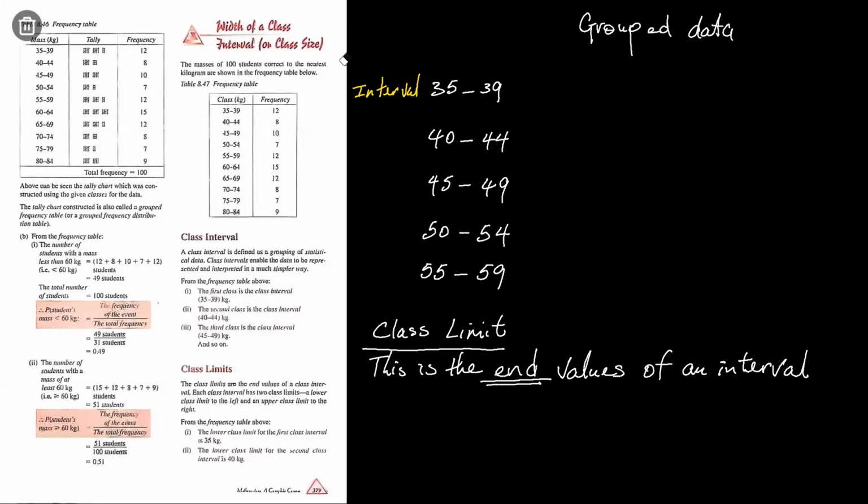How many intervals do we have, Naomi? Naomi Joseph? How many intervals do we have? 5. 5 intervals. Very good.